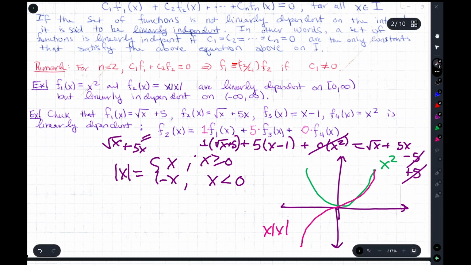So play around with that long enough and you could figure it out. Of course, that seems tedious, so we should develop a test to figure it out rather than just trying as many combinations as possible and spending so much time. So we want some tests to figure out linear independence of functions.